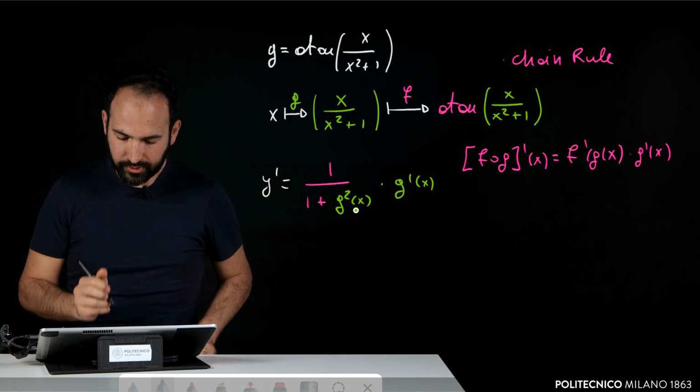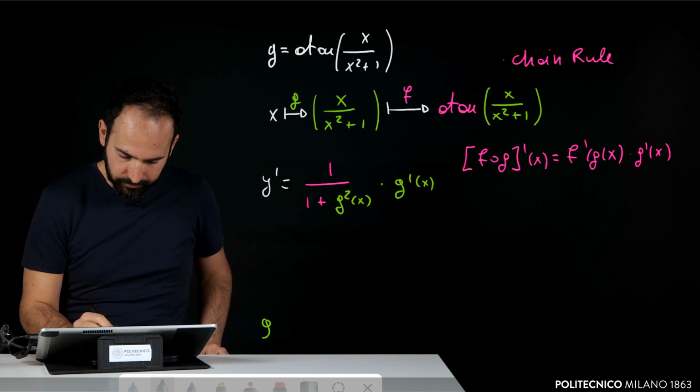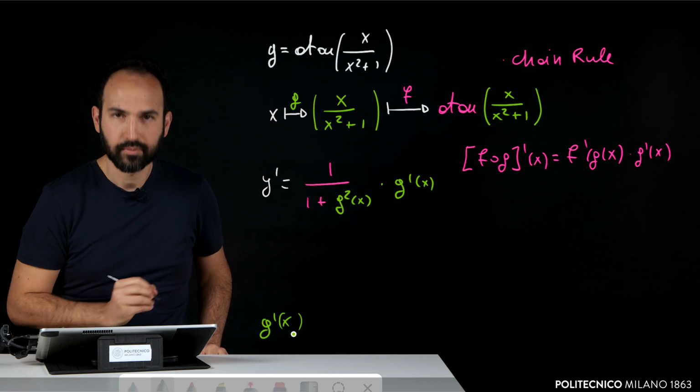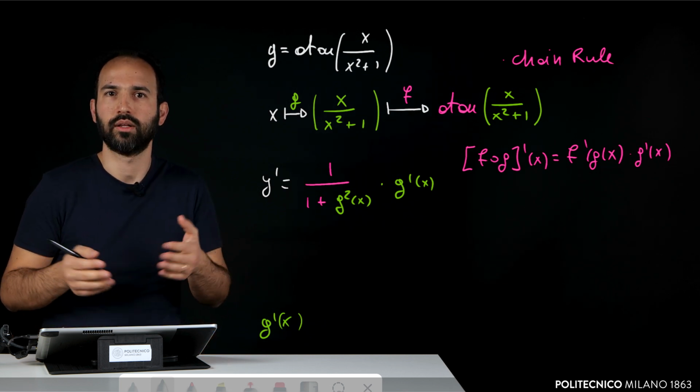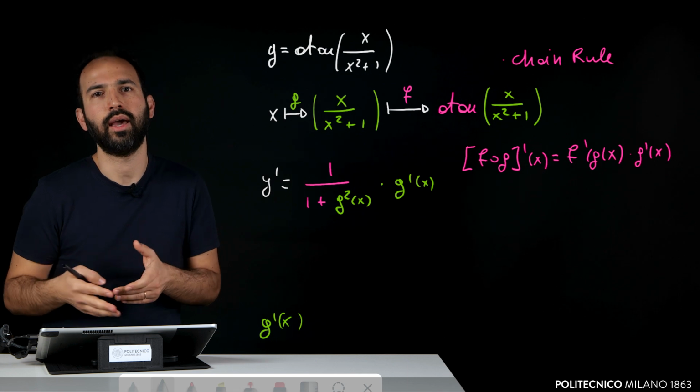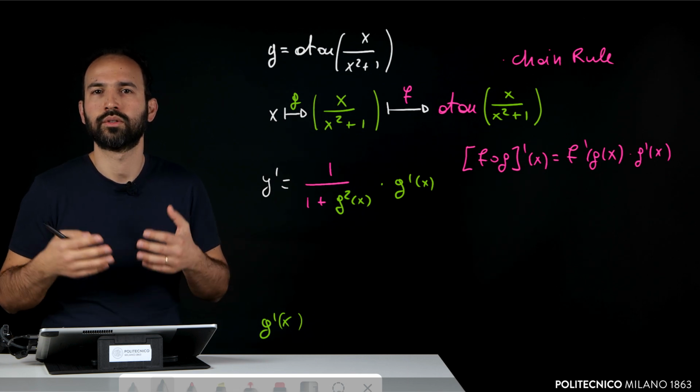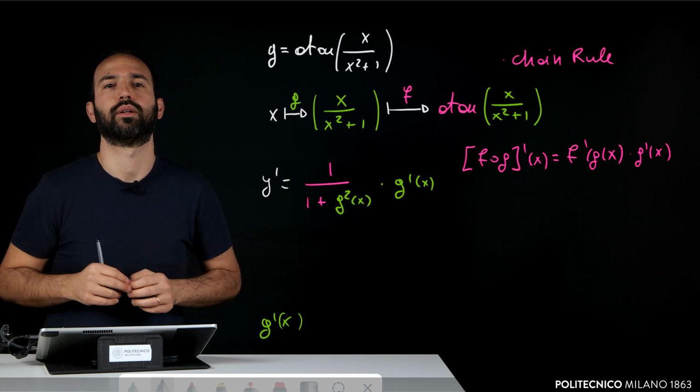Now, let's focus on g prime. It is the derivative of a quotient, with the numerator equal to x and the denominator equal to x squared plus 1.